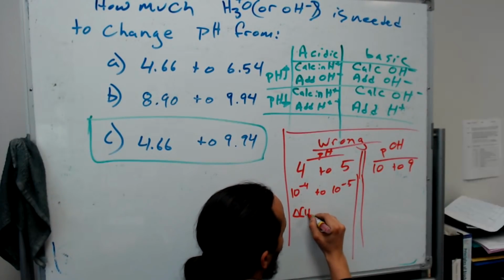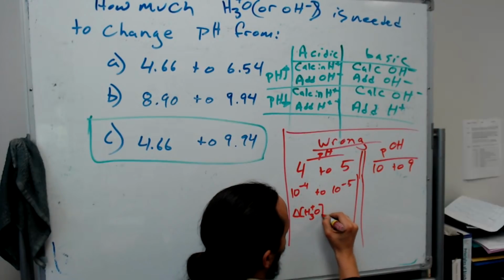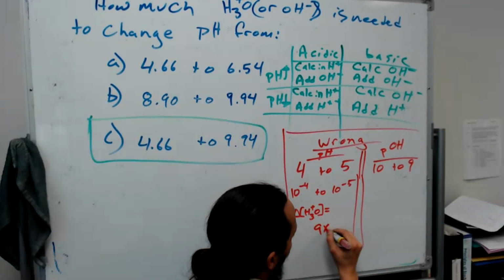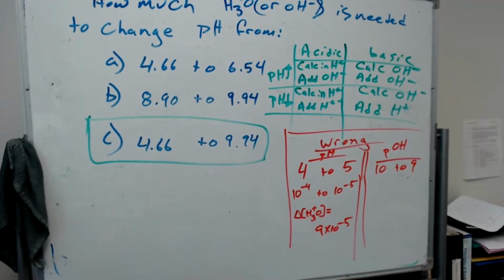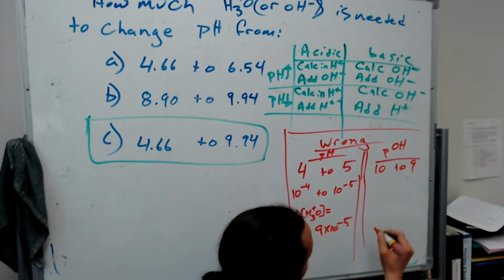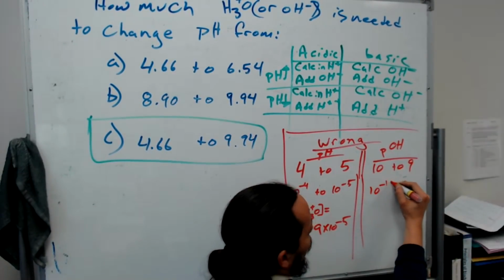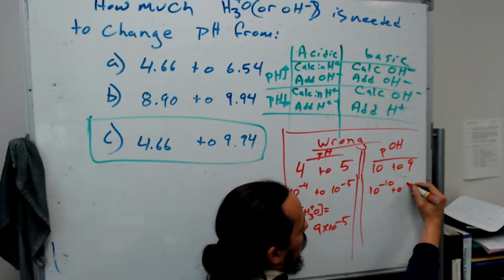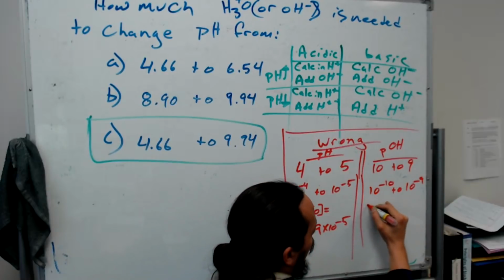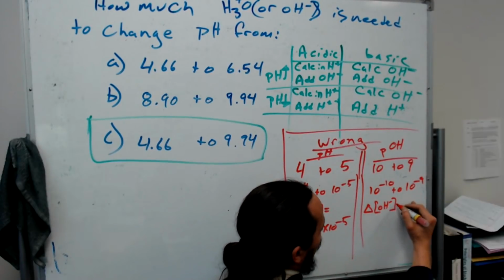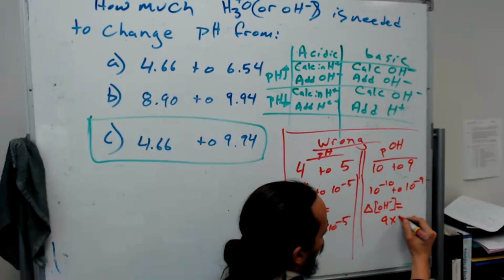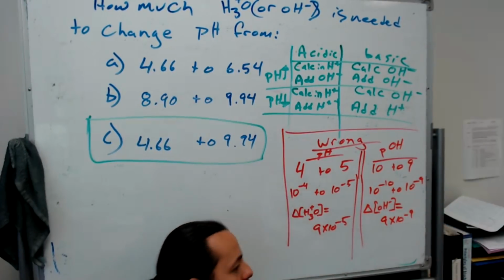My delta H plus would be 9 times 10 to the minus 5. If I did the same thing on the pOH scale, I would have 10 to the minus 10 to 10 to the minus 9. My change in OH minus would be equal to 9 times 10 to the minus 9.